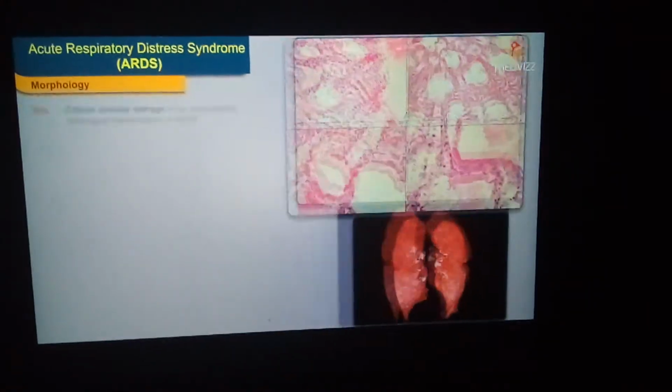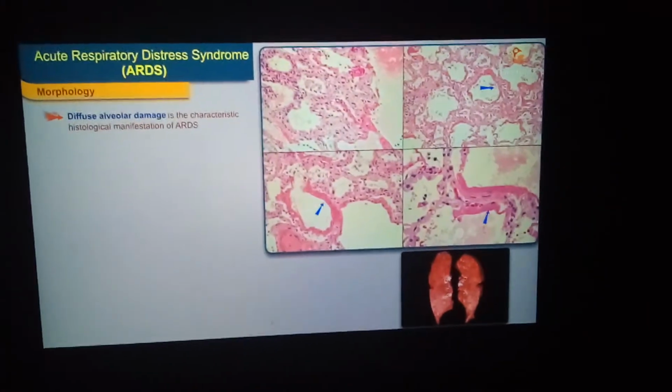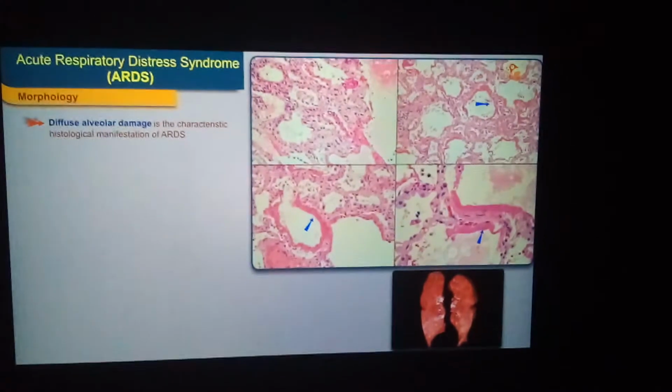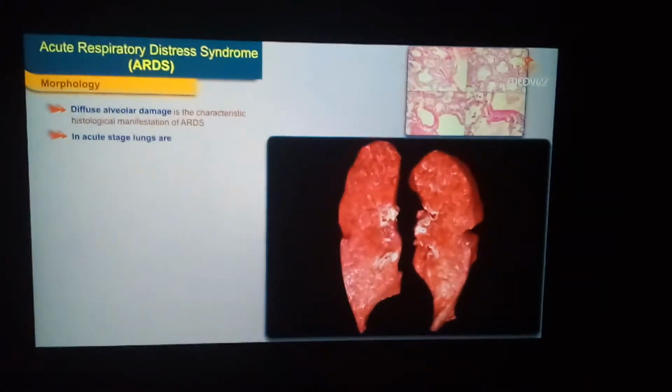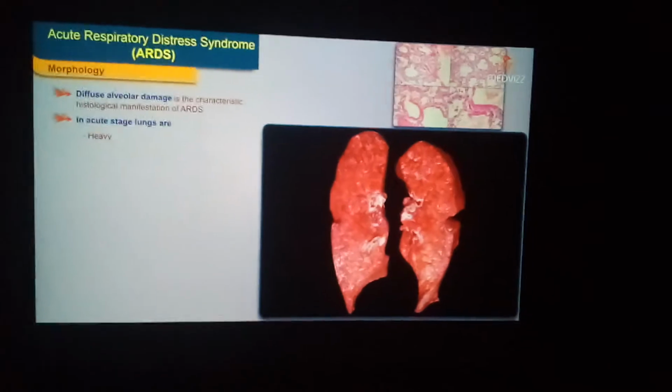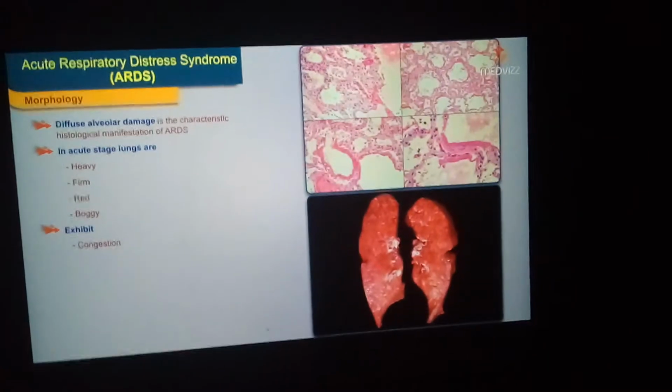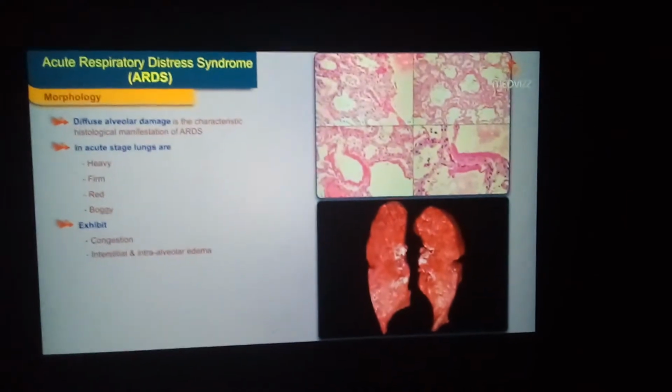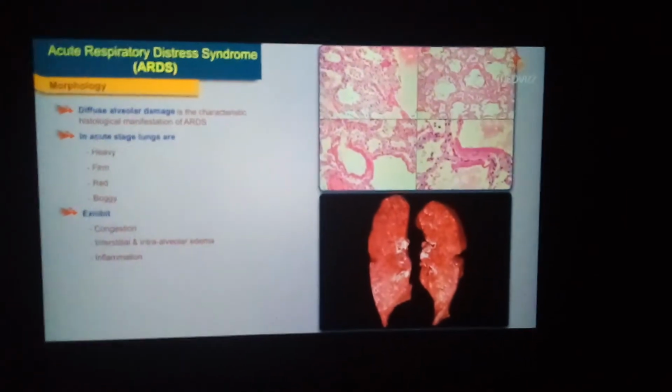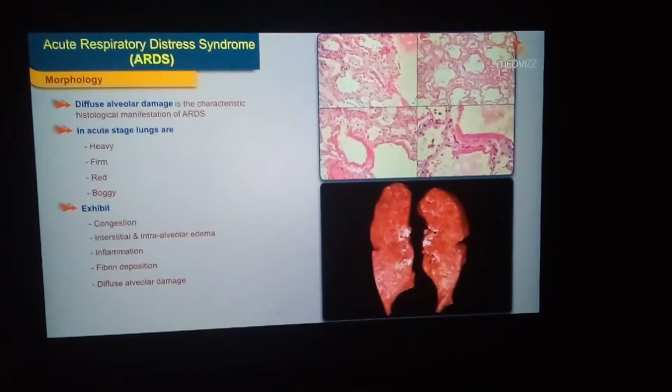Morphology. DAD, or diffuse alveolar damage, is a characteristic histological manifestation of ARDS. In the acute stage, the lungs are heavy, firm, red, and boggy. They exhibit congestion, interstitial and intraalveolar edema, inflammation, fibrin deposition, and diffuse alveolar damage.